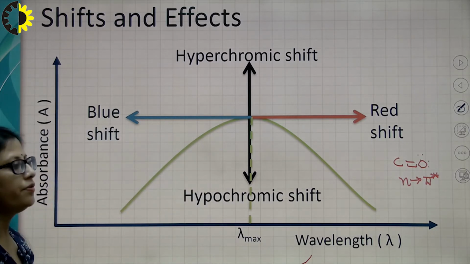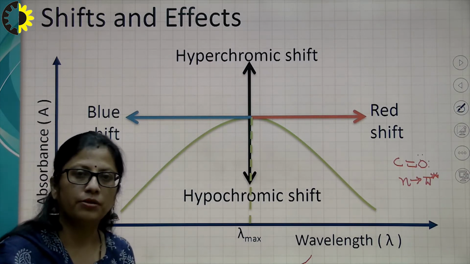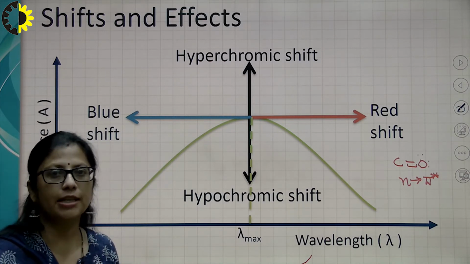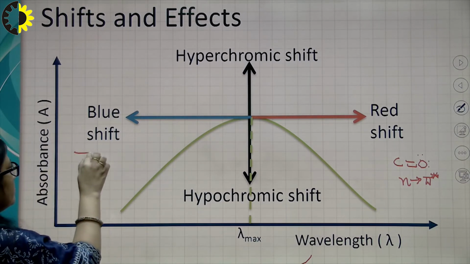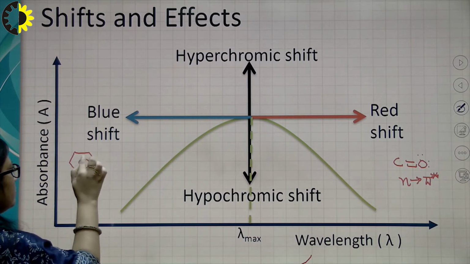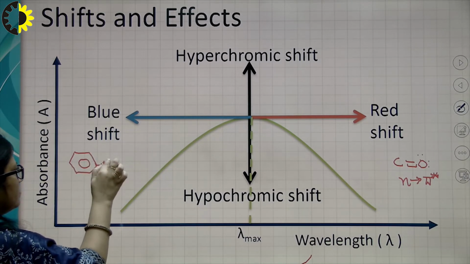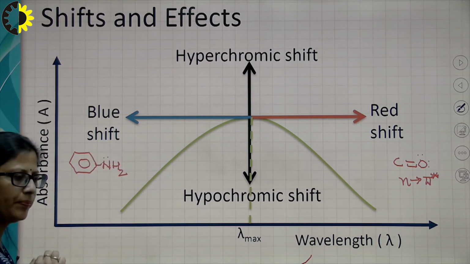Coming to the blue shift, which is the hypsochromic effect, if I break the conjugation, then this type of effect is seen. For example, this molecule is aniline.